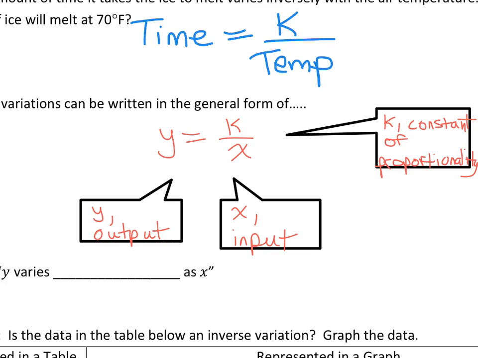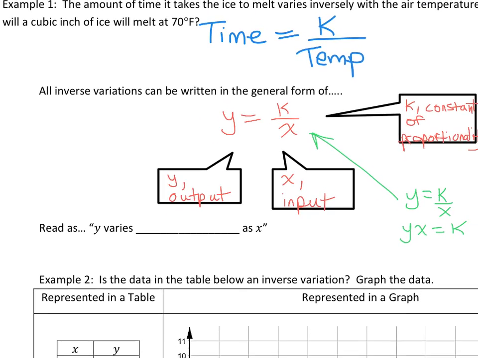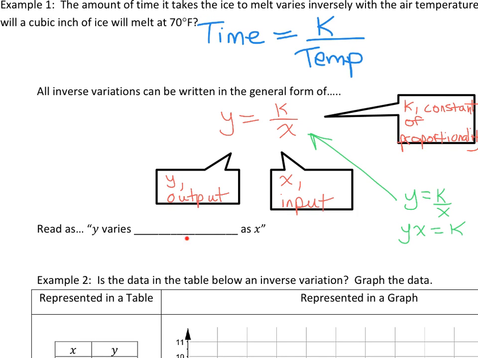Okay, and like we looked at with the direct variation, if I solve this for k, I'm going to undo that division of x with multiplication of x, and I'm going to see that the product of our output and input is going to give us our constant of proportionality. And the way we would read this in English is y varies inversely as x. So if you saw anything written like that, you would directly translate that into y varies inversely as x.